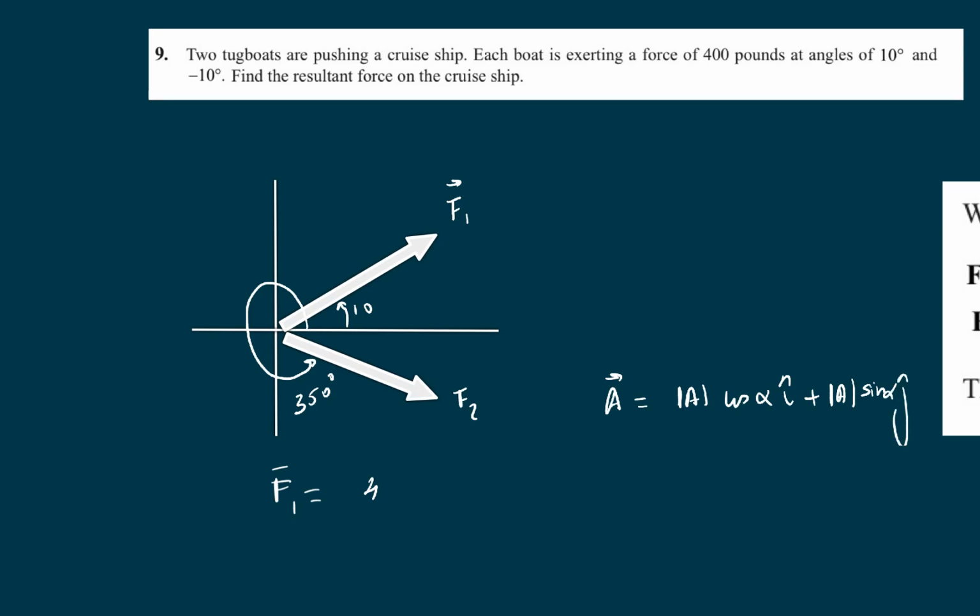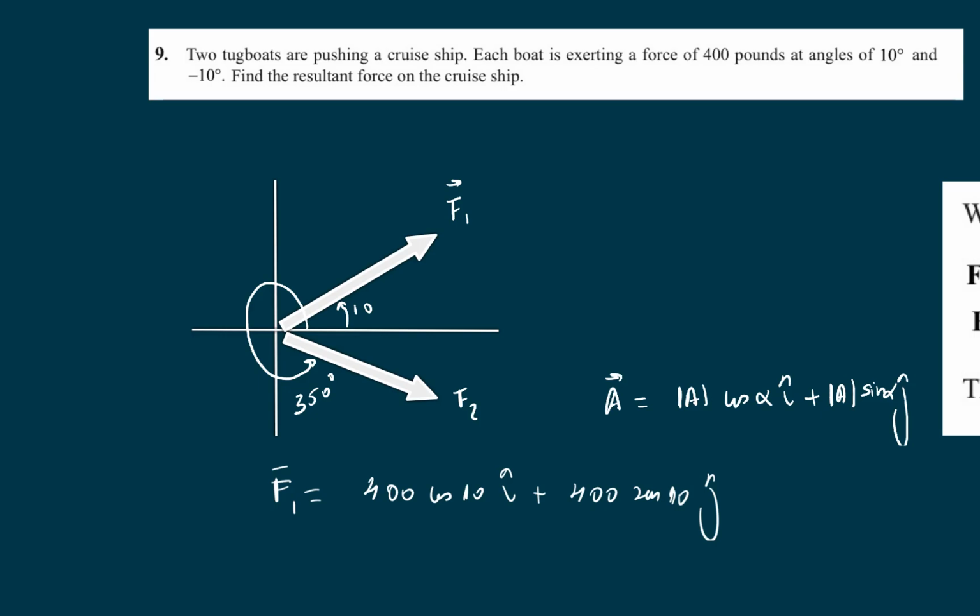This is what I have said in the previous problem. So F1 is 400 cosine of 10 in the i direction plus 400 sine of 10 in the j direction. This is the vector that represents F1.